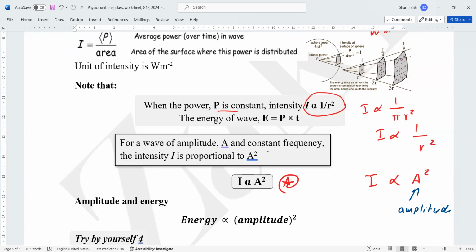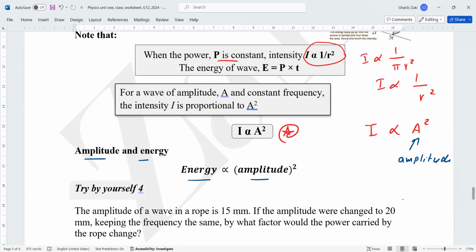So more amplitude, more intensity. Also, we have a relation between amplitude and the energy. The energy is also directly proportional to the amplitude squared. We can say W or E, both are the same.